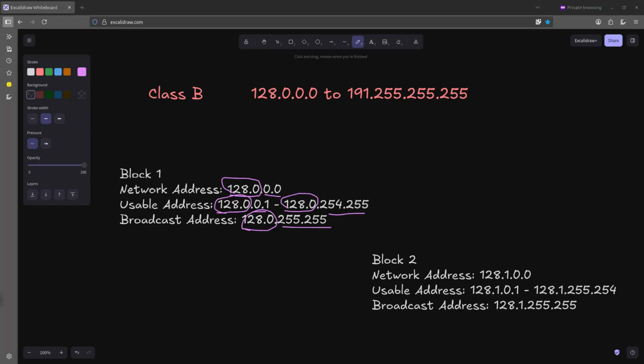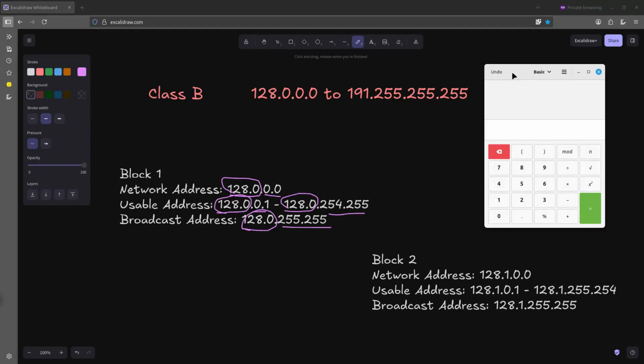Okay, so let's open up a calculator. If you remember, in class C we had 254 usable IP addresses, but if we include the network address and the broadcast address, the total will be 256. In class C only the last number changed, but here the second-last and last numbers are both changing.